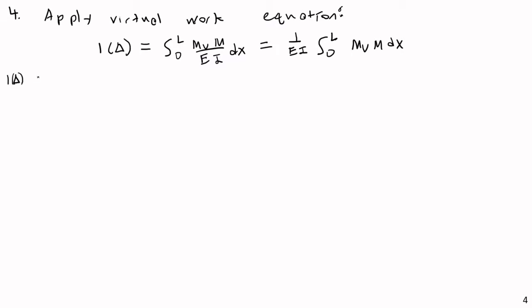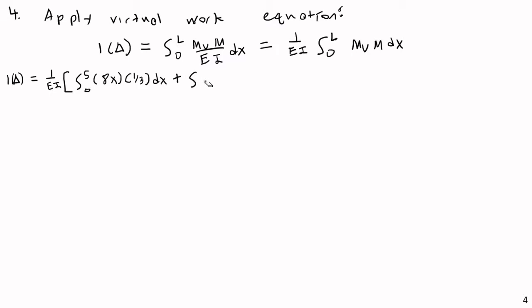1 times delta, which is the final thing that we're looking for, will be equal to 1 over EI times the integral from 0 to 5 of 8x times 1/3 x dx. I'm just matching the individual m and mv terms.